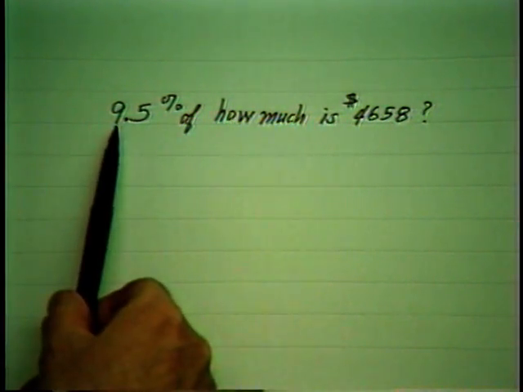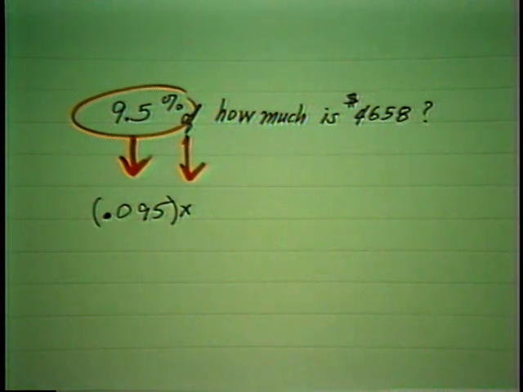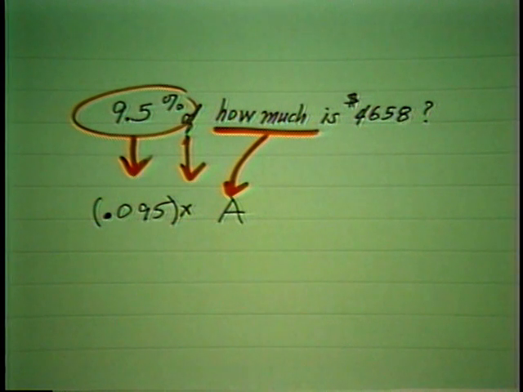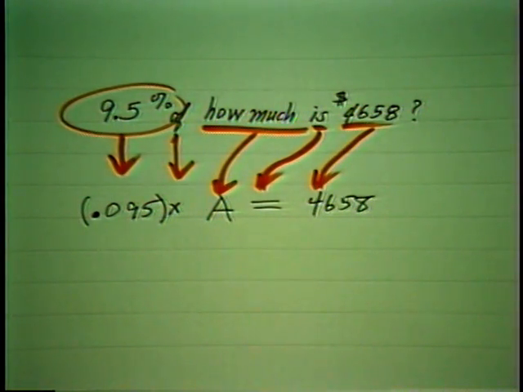But once we have the simple statement, we may choose either method 1 or method 2. Let's use method 1, the translation method. 9.5% is 0.095. The "of" is times. And the "how much" translates to my unknown, in this case the amount. And the "is" translates to equal, and the 46.58 is already mathematics.